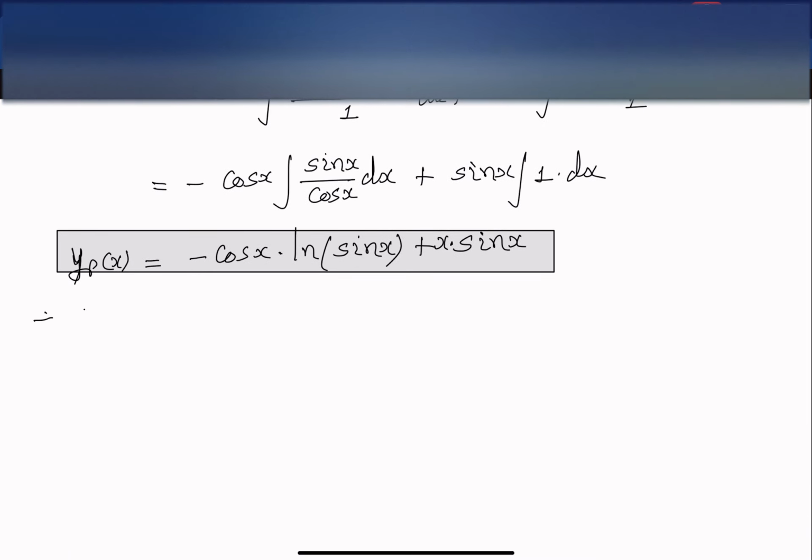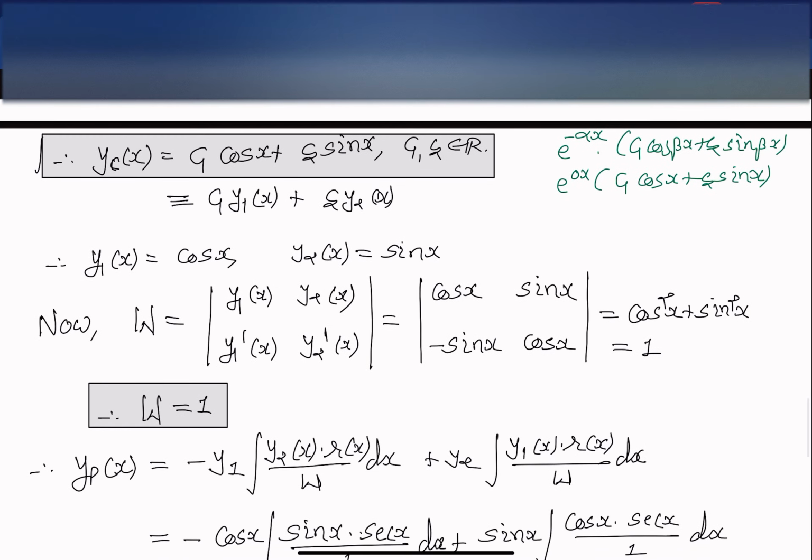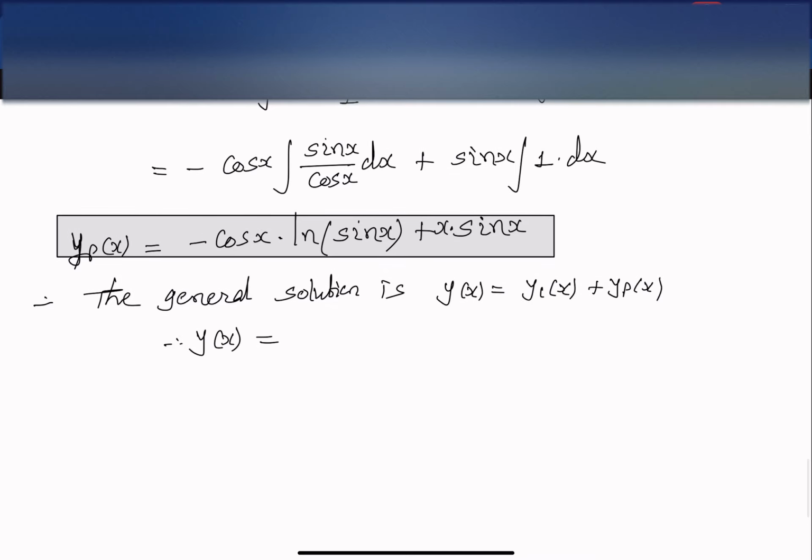And how do you end this exercise? Therefore, the general solution is y(x) is equal to y_c(x) plus y_p(x). Therefore, y(x) is equal to, what is y_c(x)? This is c1 cos x plus c2 sin x, plus y_p(x). What is y_p(x)?